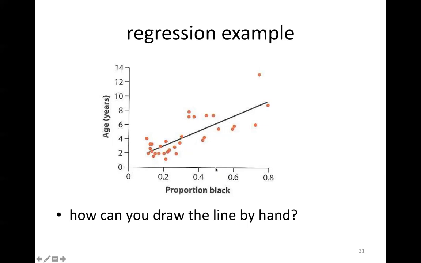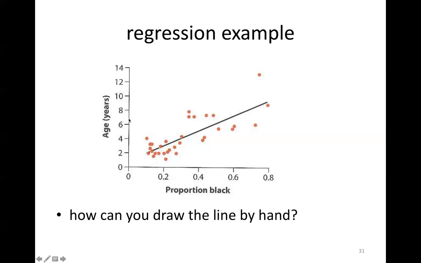So the predicted age of a lion with the proportion of its nose 50% black would be something like drawing a line here, then going to the left-hand side and finding the value that cuts the y-axis.